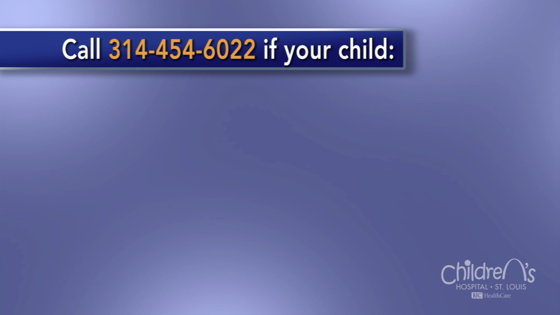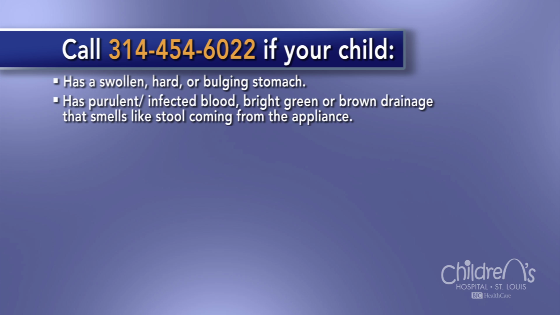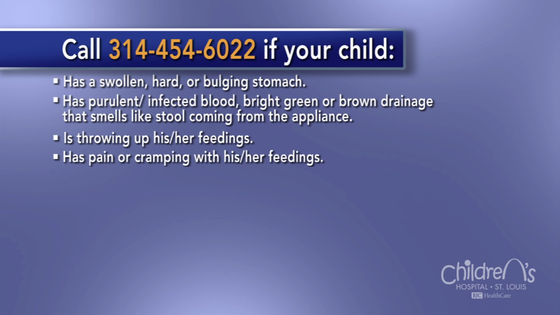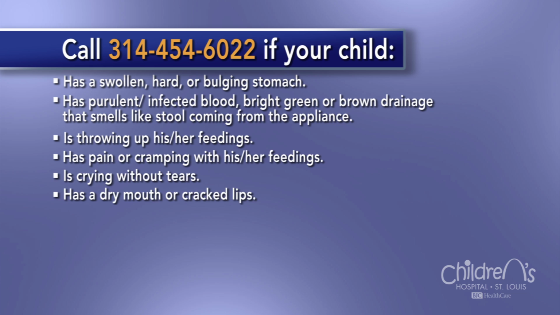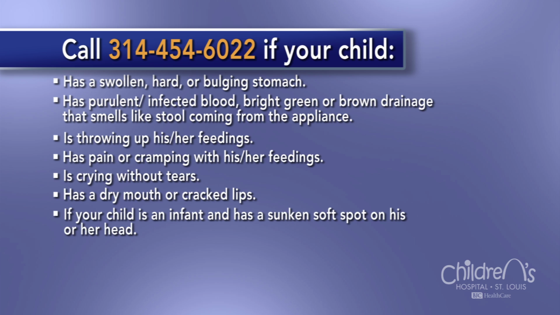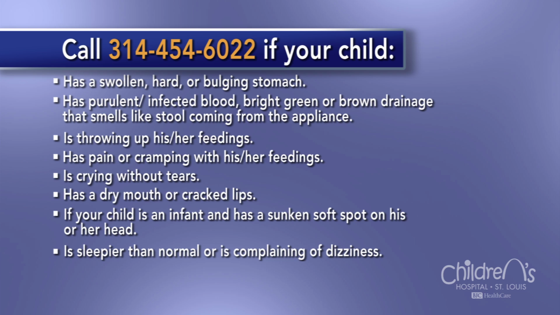If your child has had the gastrostomy appliance less than 1 month, you should call the pediatric surgery office if your child has a swollen, hard, or bulging stomach, has purulent, bloody, or bright green or brown drainage that smells like stool coming from the gastrostomy appliance, is throwing up his or her feedings, has pain or cramping with his or her feedings, is crying without tears, has a dry mouth or cracked lips, if your child is an infant and has a sunken soft spot on his or her head, is sleepier than normal, or complaining of dizziness.